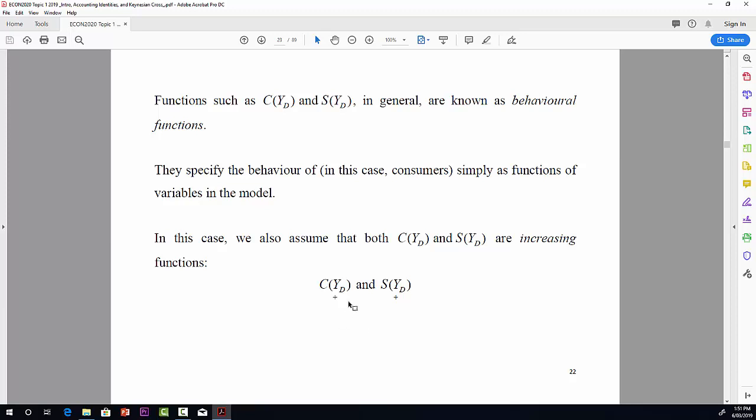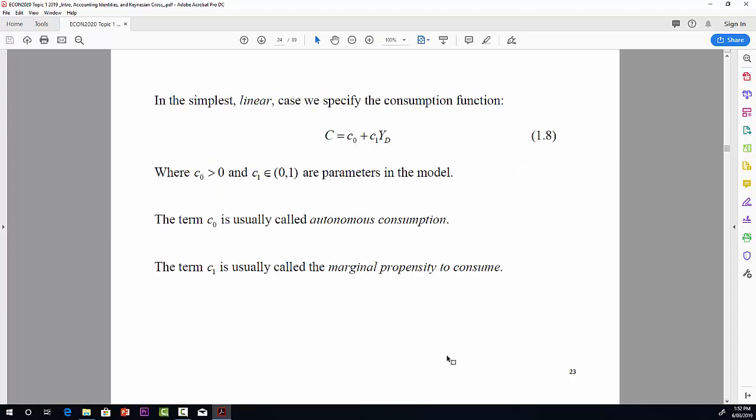First of all, we're going to assume that both consumption and savings are an increasing function of income. So the more you have, the more you consume, and the more you save. For the next few lectures, we're going to presume that there's a simple linear consumption function.